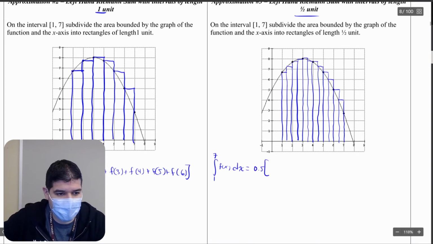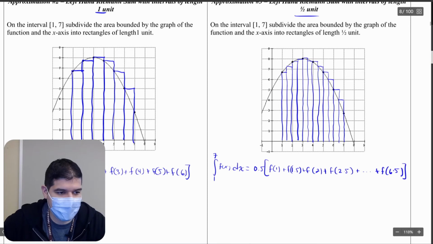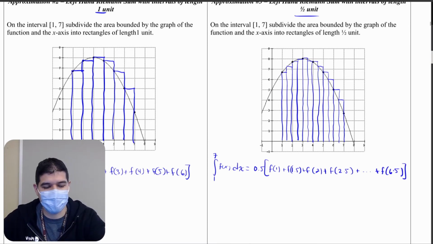And we're going to go f of 1 plus f of 1.5 plus f of 2 plus f of 2.5 plus, you know, you're going to have to add them all up, and that's going to be plus at the end f of 6.5. So you're gonna have to do 3, 3.5, so on and so forth.